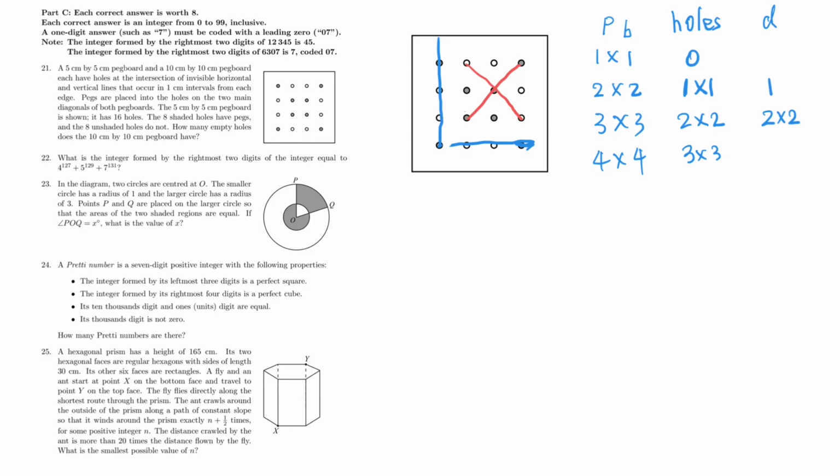The diagonal, that's 3 plus 3, 3 times 2. But this is an odd number, so there is 1 over-counted in the middle. So minus 1. So on the diagonal, it's 5 solid holes. That means pegs. So that's 5.